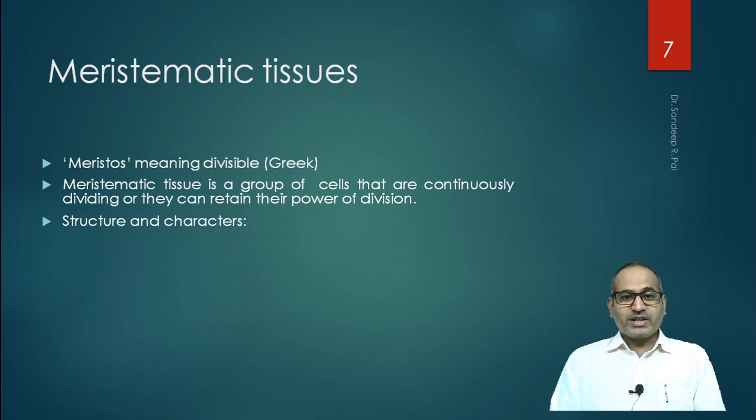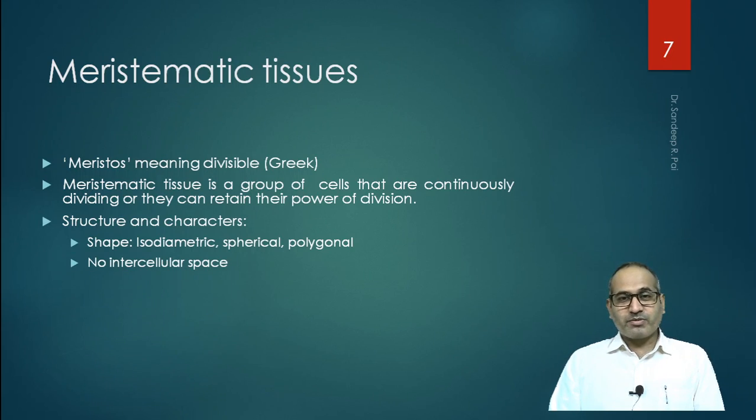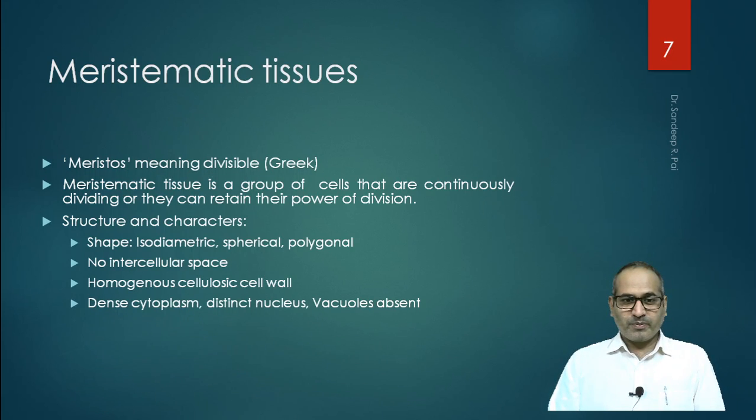To see structure and characteristics, the shape of meristematic cells will be isodiametric, spherical or polygonal. There will be no intercellular spaces in between them. The cells are bound tightly to one another. They are of homogeneous type, and the cell wall is made up of cellulose.